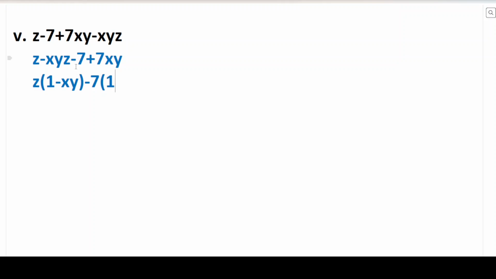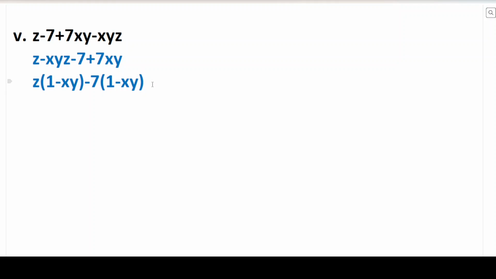Here we are taking the minus out, so the plus becomes minus. Then what are the leftover terms? xy and 1. If we multiply these values, we have to get minus 7 plus 7xy. Minus 7 into 1, minus 7. Minus into minus, we can write it as plus. So 7 into xy, we can write it as 7xy.